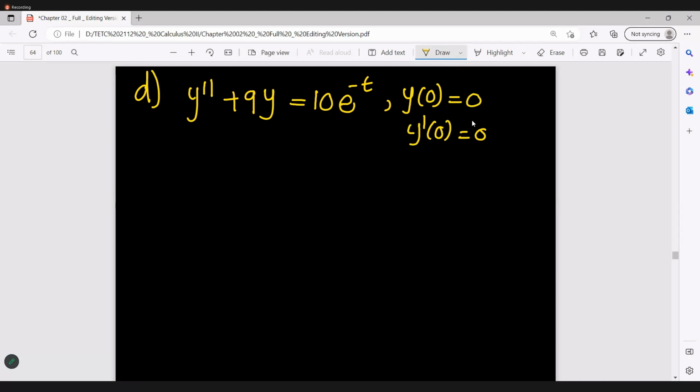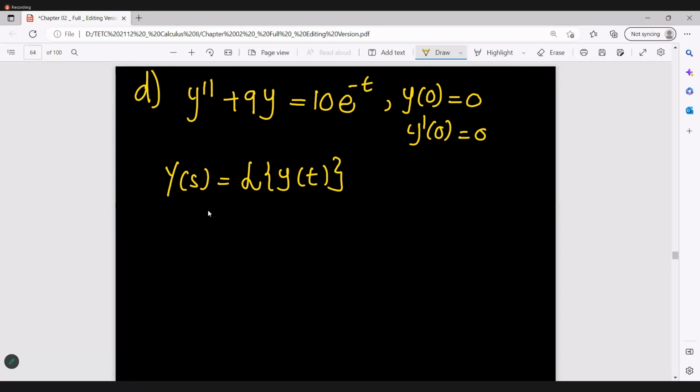Okay. So here also, first we need to define what is capital Y of S. It is the Laplace transform of y of t. And then you need to write the expression for the Laplace transform of y dash and y double dash.